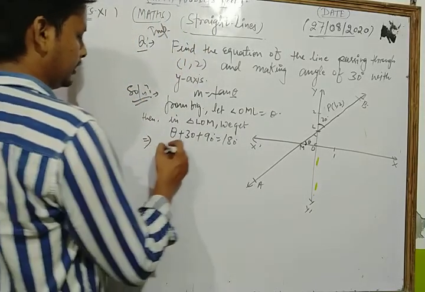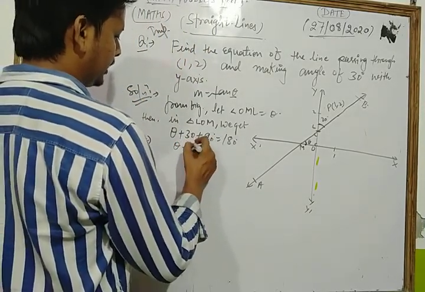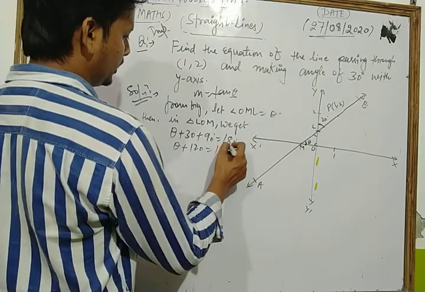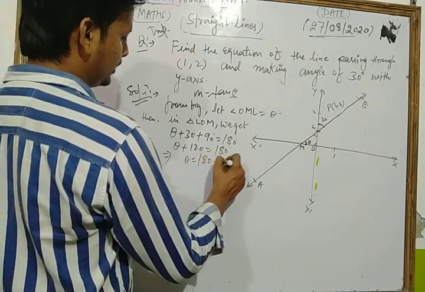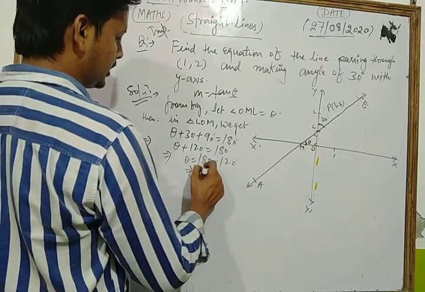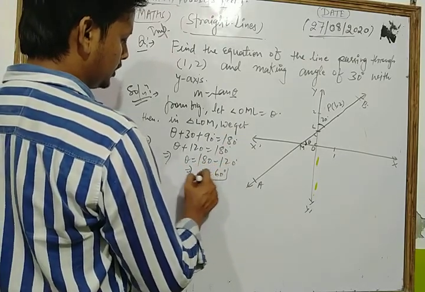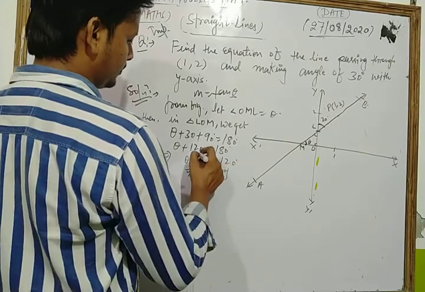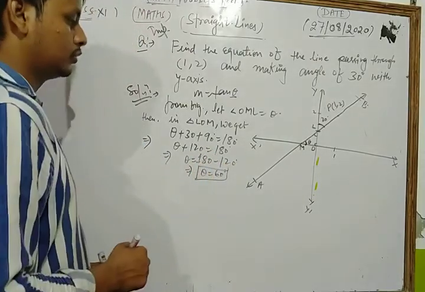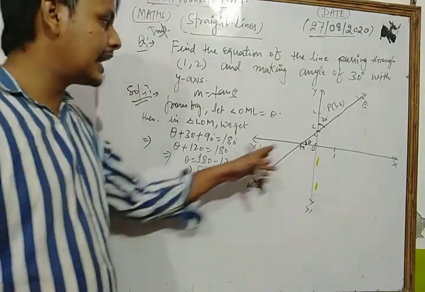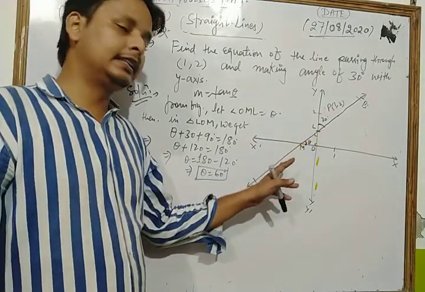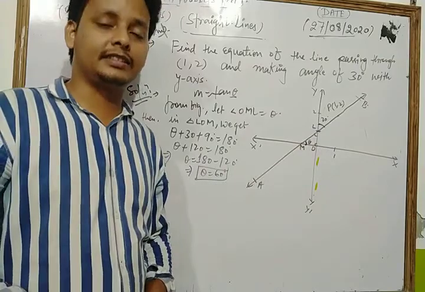So theta plus 120 is equal to 180, so theta is equal to 60 degrees. So this is the angle made by this line with the x axis.